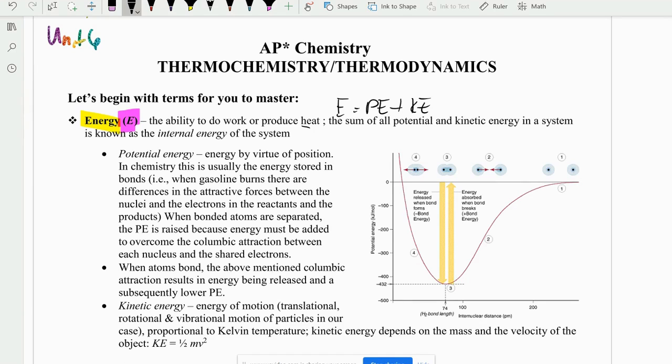When we're talking about potential energy in chemistry, we're really looking at bond energies. And kinetic, moving energy, in chemistry is oftentimes associated with temperature. Remember, temperature and kinetic energy are directly proportional because the temperature is going to affect the movement of the molecules.